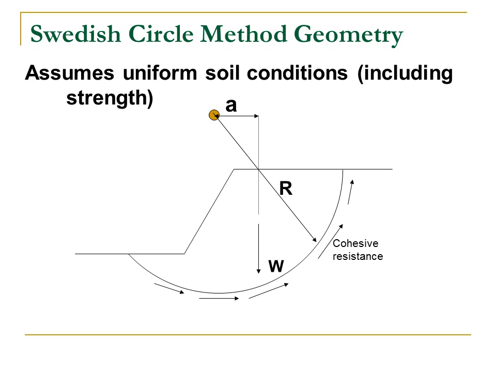When those two are balanced, that is, when R times the cohesive resistance is equal to W times A, we have limiting conditions. But in order to come up with a factor of safety for this application, we define it using those two moments.